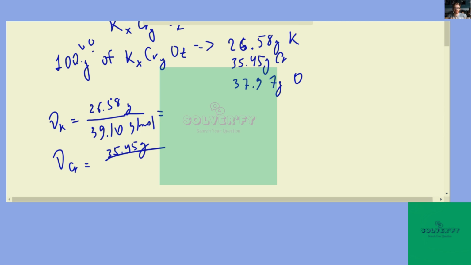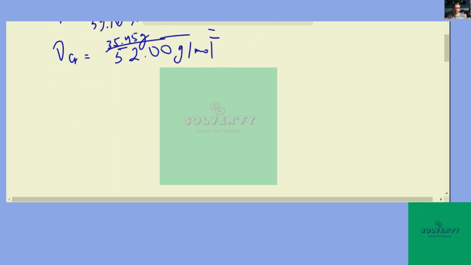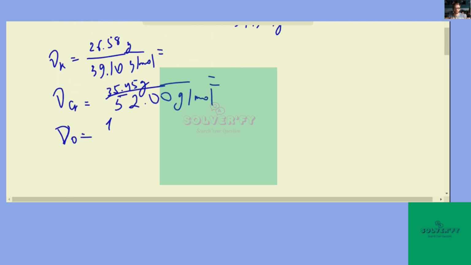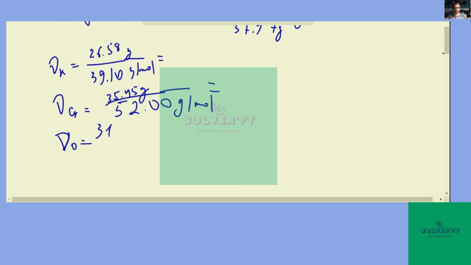It equals 52.00 grams per mole. And the number of moles of oxygen equals 37.97 grams divided by 16.00 grams per mole.